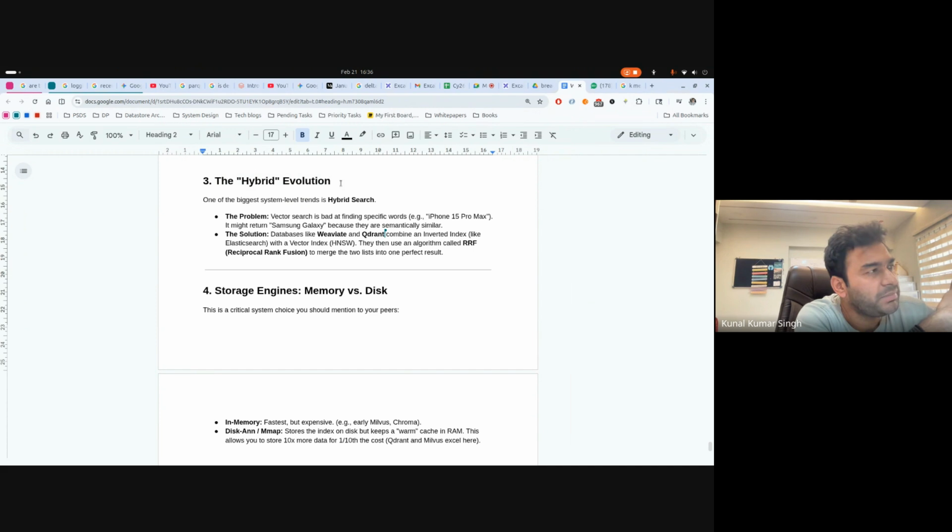So instead of vector being a separate database for vector search, the existing database itself will start supporting HNSW index and become a hybrid database where you do lexical search also and vector search also, right? Similarly, Vespa was a lexical search earlier, but they have started supporting HNSW index. So you will see this trend becoming more and more common.